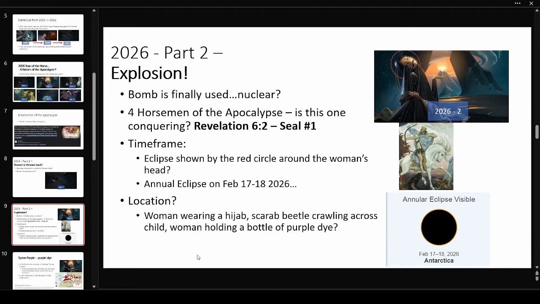So location-wise, where is this going to happen? We're given a few indications. We see the woman wearing the hijab, scarab beetle, and a woman holding a bottle of purple dye. Okay, we even see the shell.